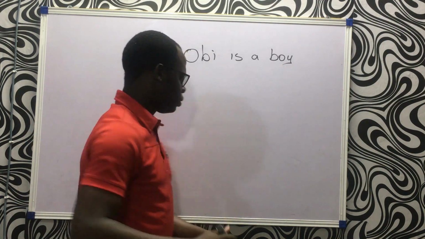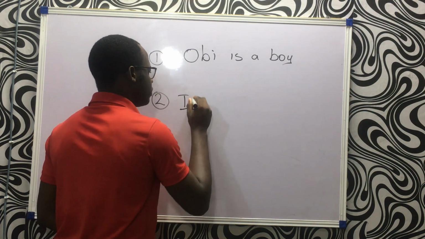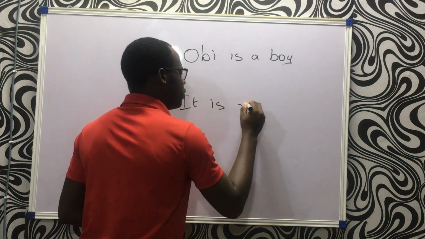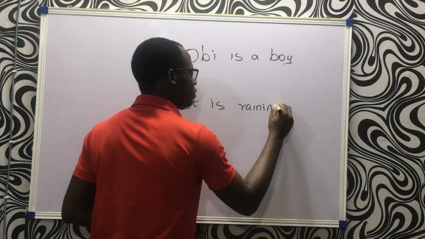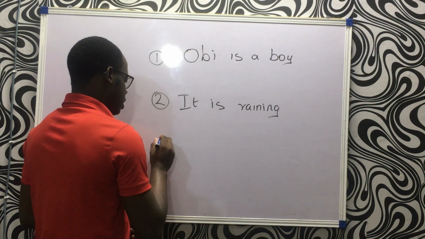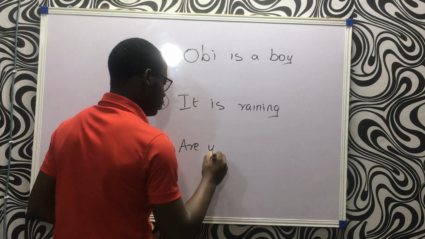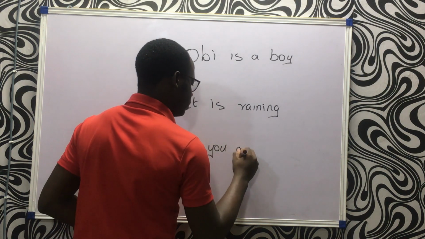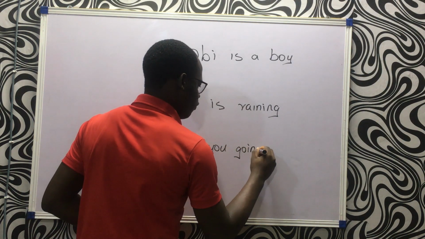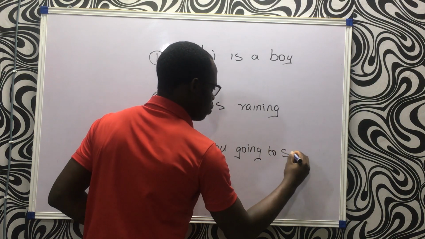Example number two: it is raining. Example number three: are you going to school?